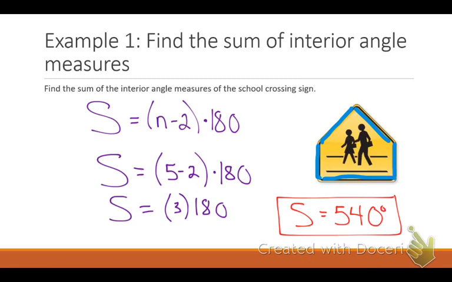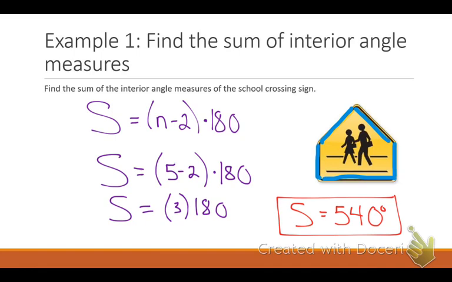So you see, guys, for every side that I increase a polygon by, my sum is going to increase, all right? So the sum of all polygons is not 180. If I give you a 6-sided polygon, your sum isn't 180. You have to figure out what it is. How do you figure it out? You use the formula.